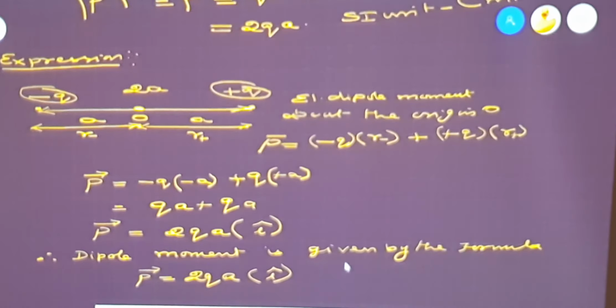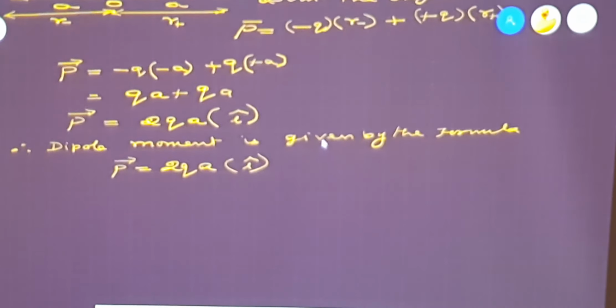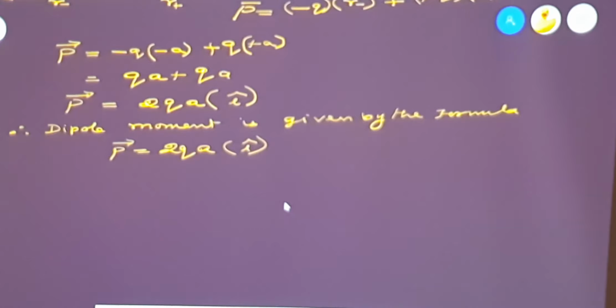So I can state the definition again: the modulus of P vector, the magnitude of the dipole moment P, is equal to Q into 2A.